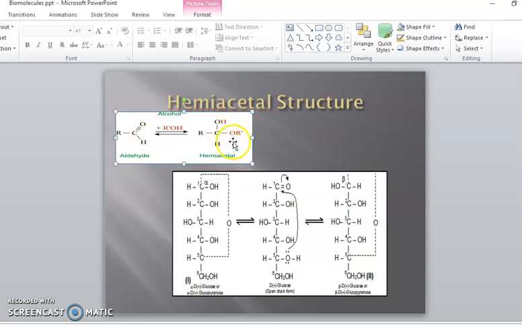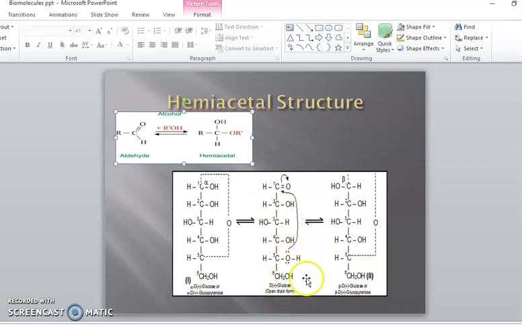Between the aldehyde and the alkyl group of the alcohol, they are connected through oxygen. Such a linkage is called the glycosidic linkage. R' is the alkyl group of the alcohol. This is the hemiacetal structure.